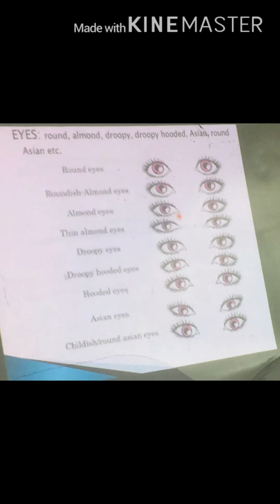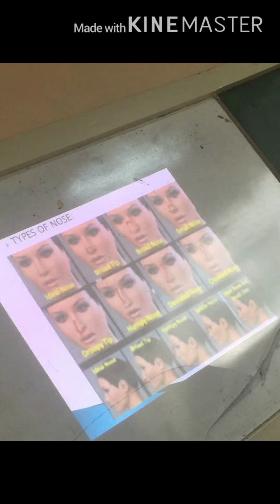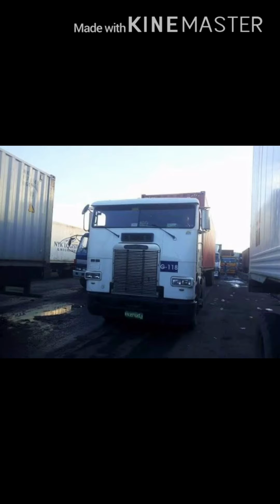And the third one is eyes: round, almond, droopy, hooded, Asian, round Asian, etc. Eye color is gray, green, brown, black, or blue. And the types of nose: ideal nose, broad tip, broad nose, and so on. For occupational marks, some marks develop due to the kind of occupation performed by an individual. Some examples are the dishwasher, truck driver, etc.